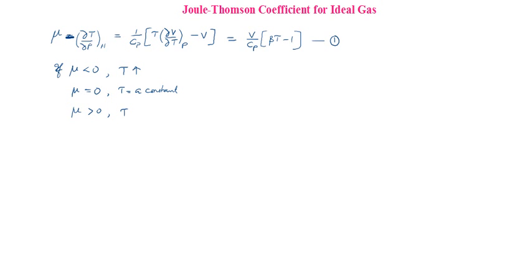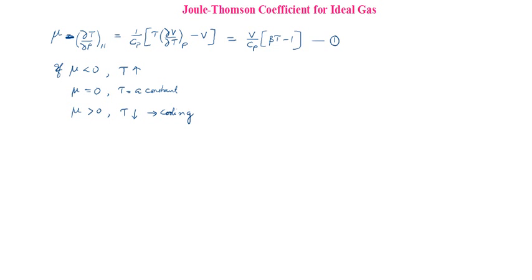The third case corresponds to cooling. So depending on the value of the Joule-Thomson coefficient, the gas sample may undergo a heating effect, a cooling effect, or it can remain at constant temperature.